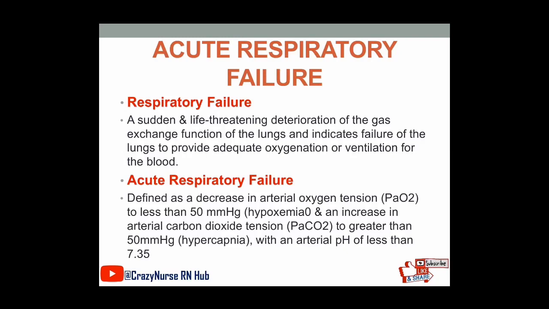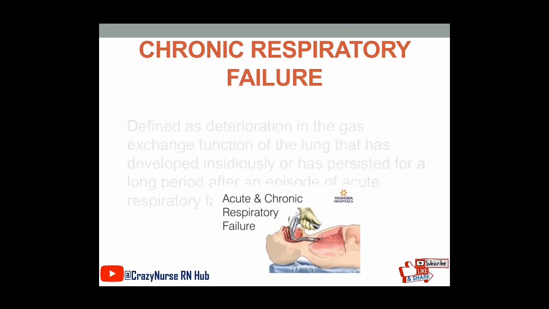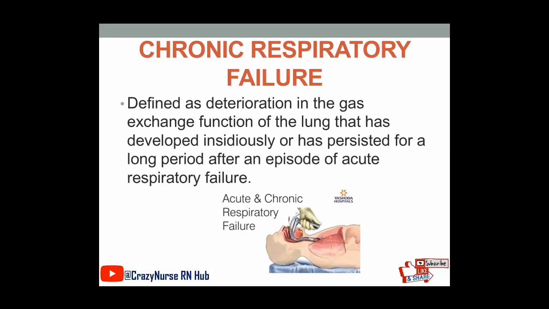That condition is called hypercapnia, with an arterial pH level of less than 7.35. For chronic respiratory failure, it is defined as deterioration in the gas exchange function of the lung that has developed insidiously or has persisted for a long period after an episode of acute respiratory failure.